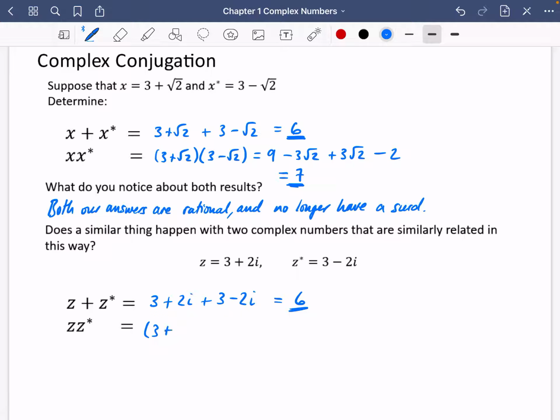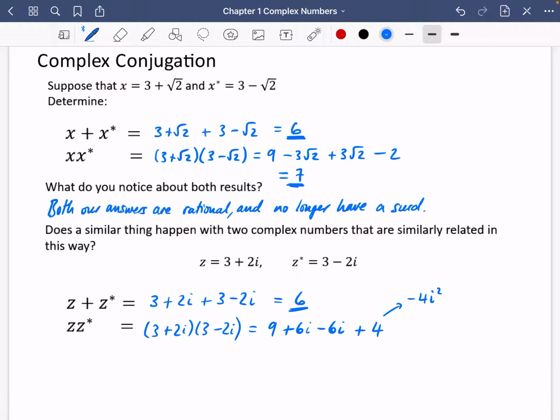Now I'll do my z multiplied by z conjugate. So that's 3 plus 2i and 3 minus 2i. 3 times 3 is 9. I then get the plus 6i, the minus 6i, and then I've got the minus 2i times 2i. So that's minus 4i squared.